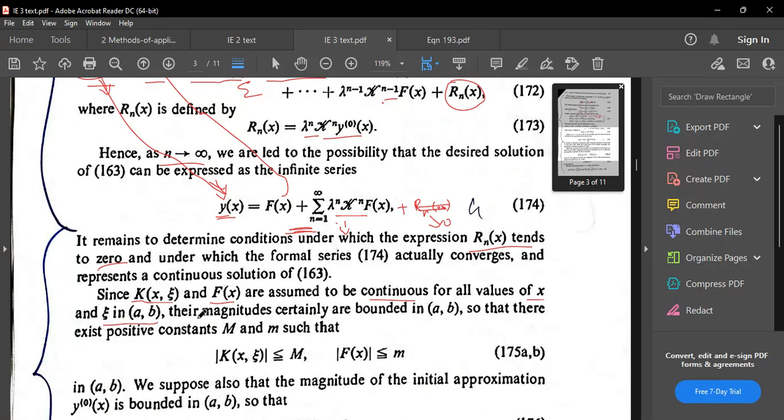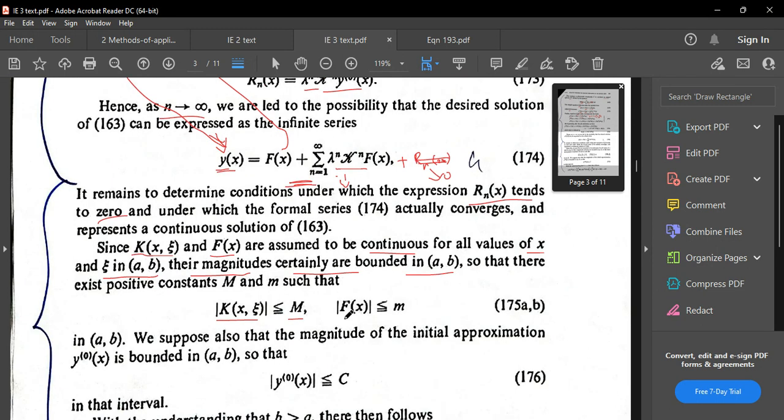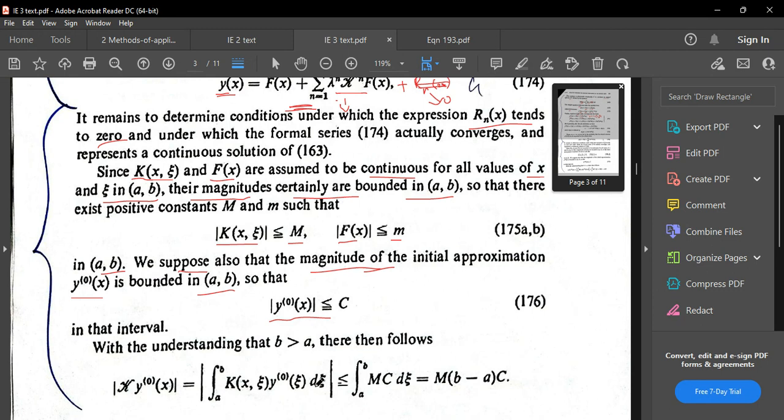So by the continuity property, their magnitude will be bounded in this AB, that is capital K is bounded by some capital M, and capital F is bounded by small m in AB. Also we suppose that the magnitude of the initial approximation y naught is bounded in AB, so y naught will be less than or equal to C.